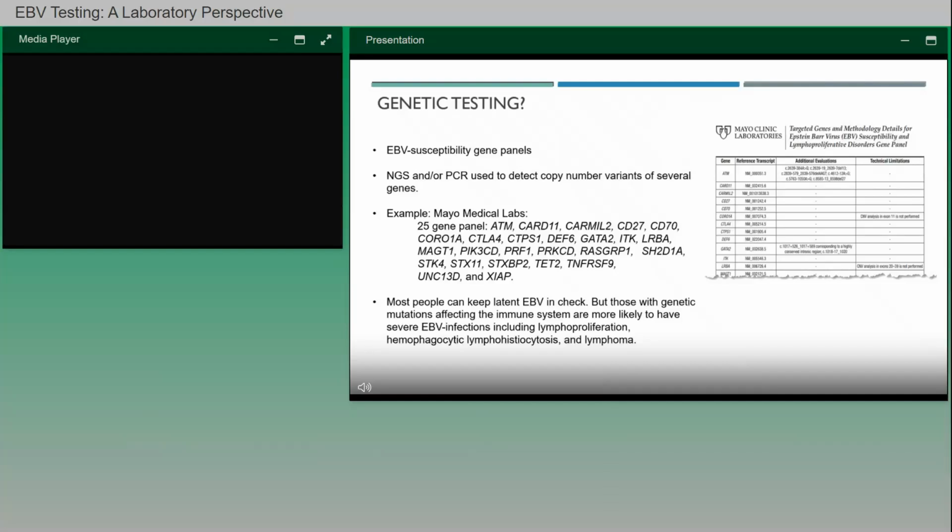And as I said before, most patients are going to be able to keep their latent EBV in check. We're never going to have that reactivation. But folks with genetic mutations, polymorphisms in these genes, they're going to be more likely to have that reactivation. Okay, so they might have that risk, and that may be useful for some specialists to be aware of.